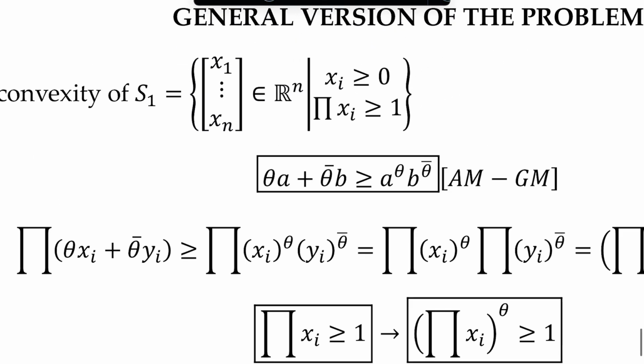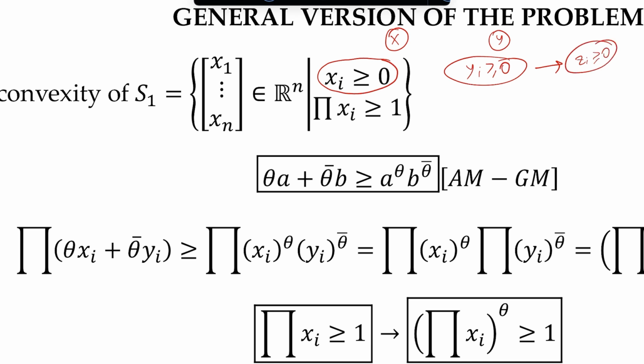But first of all, if all the xi terms are positive and all the yi terms are positive, then weighted averages of them, let's call them zi, would also be positive, or at least non-negative, we would say that.